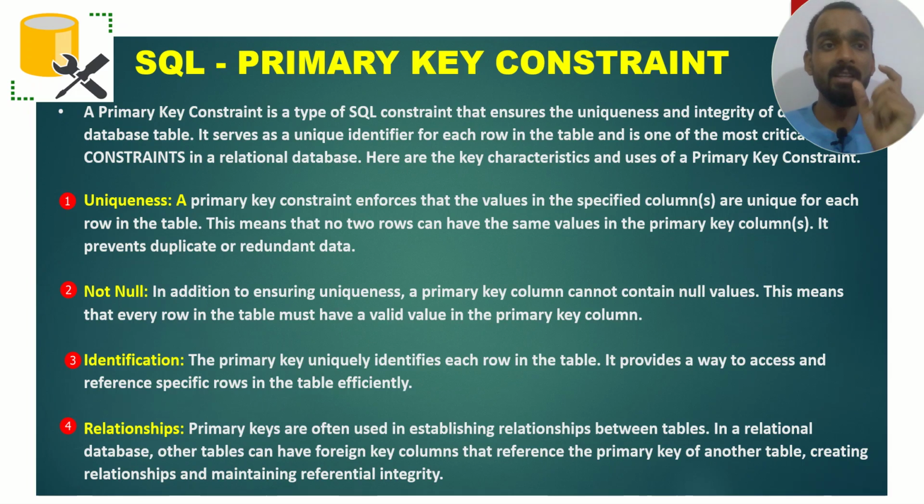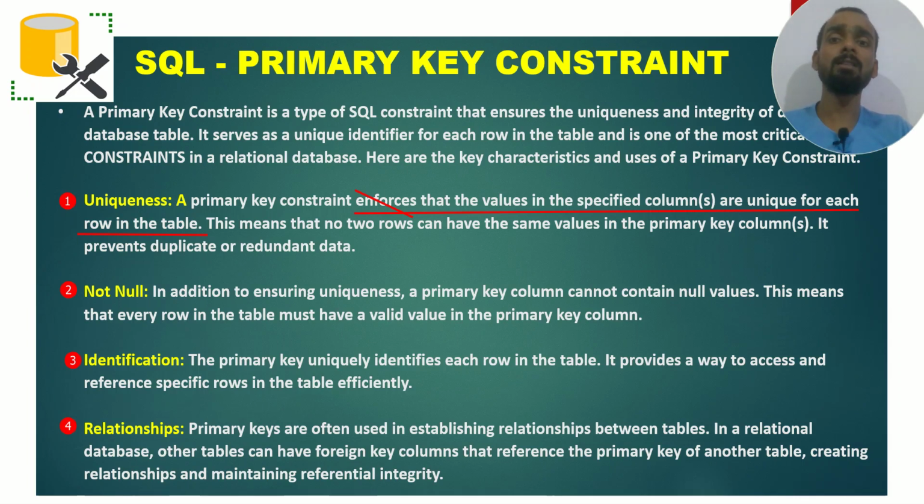The primary key constraint will put a limitation that if I have already given, let's say, A001 to a particular employee, then there cannot be another employee with the same employee ID. So basically it enforces that the values in the specific column are unique for each row in a table. This is the definition.